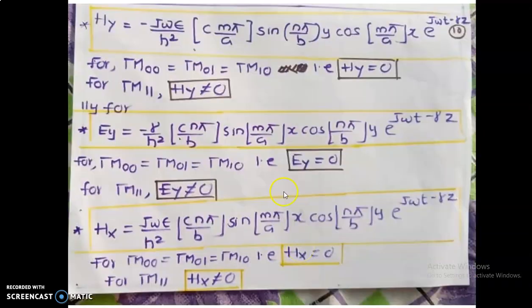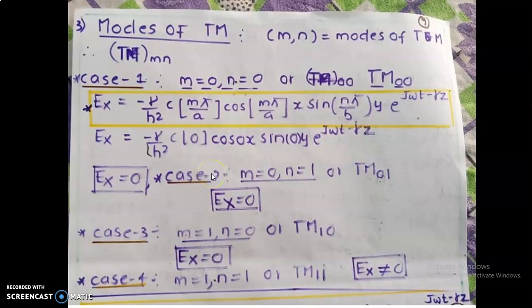Now this is for Ex. Now you can go for Hx, Hy, whatever. Now you can say here Hy. Again what you have to do is go for 0 0, substitute 0 0, substitute 0 1, substitute 1 0. The result is 0 itself. Now what you have to substitute? 1 comma 1, then the result is not equal to 0 as the previous one.